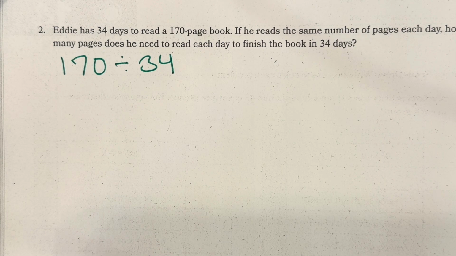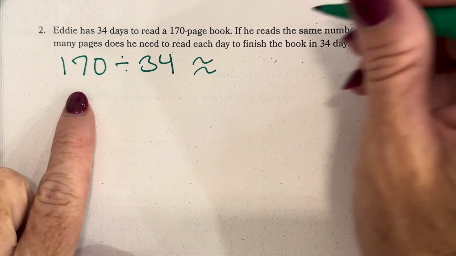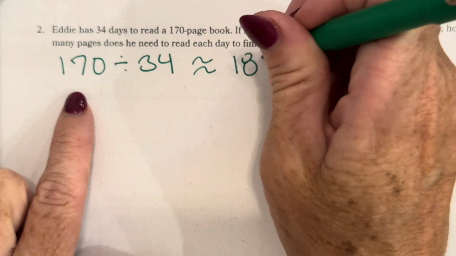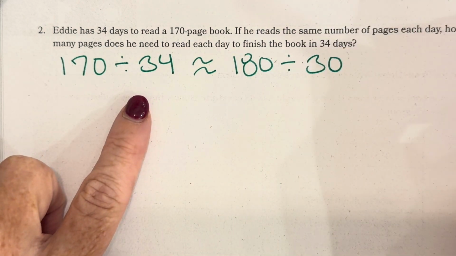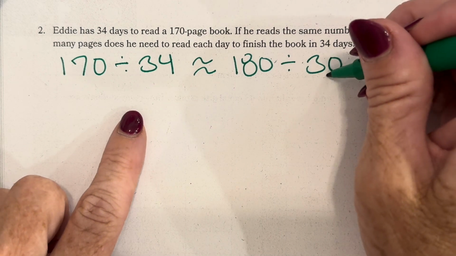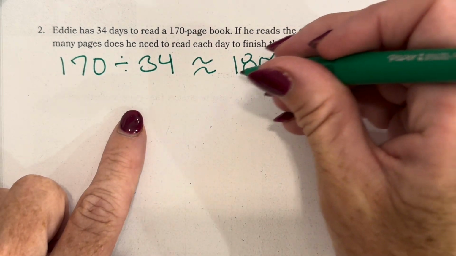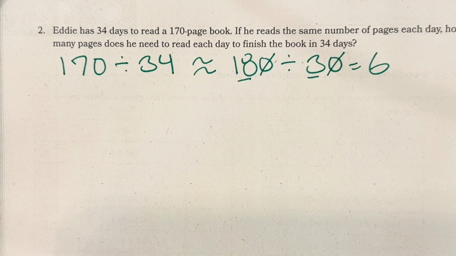Again, knowing my times tables really helps because I know that if I round that to 180 and I round this to 30, I know that 3 and 18 work well together. So 18 divided by 3 is 6. So I think if Eddie does 6 pages a day, he'll be able to read his book.